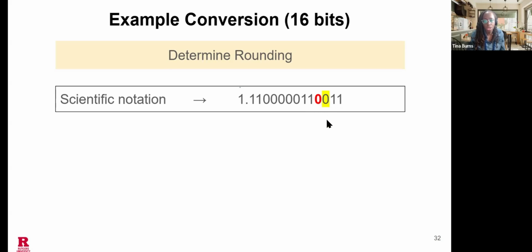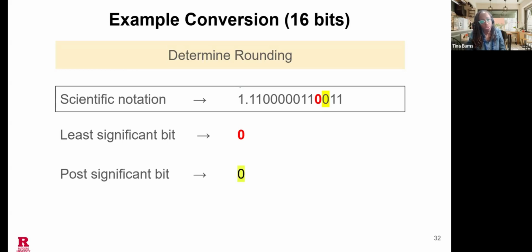This number in yellow here is the bit that's right after it. This will help us determine what to do: do we flip it, do we increase this to 1, or does it stay where it is? So this 0 is your least significant bit, because we have 10 bits to represent this value.